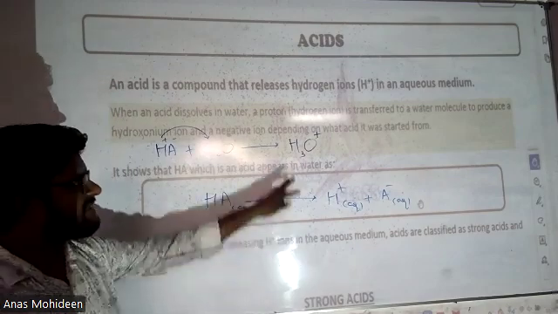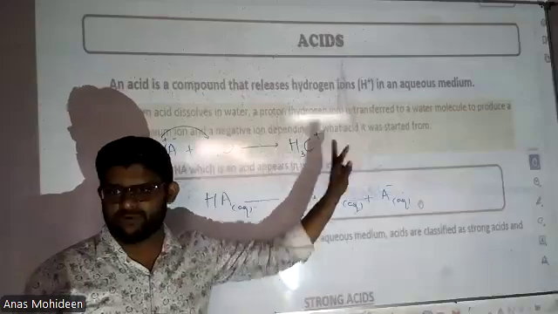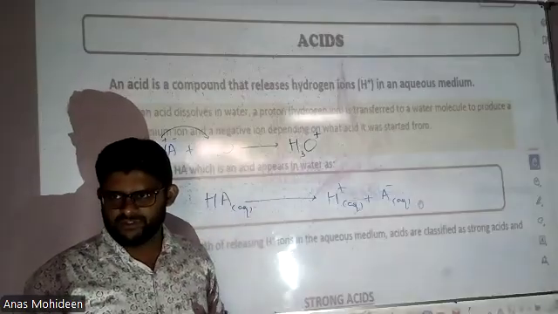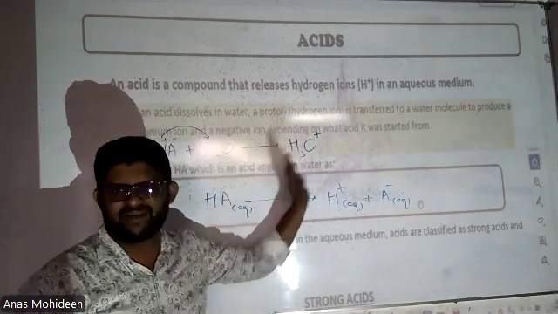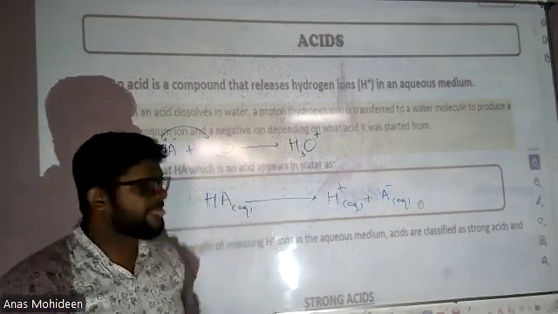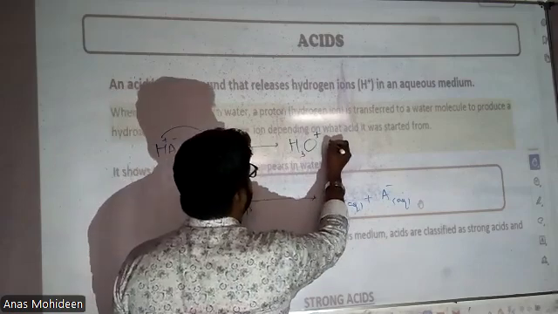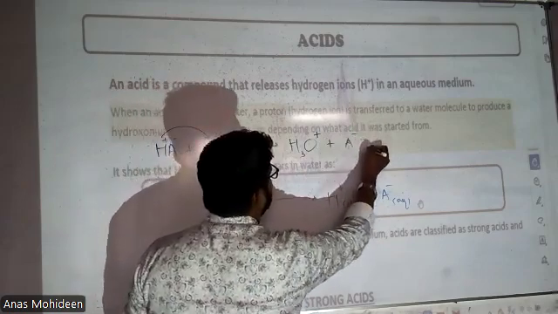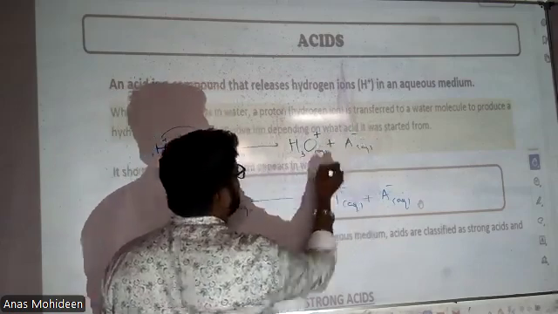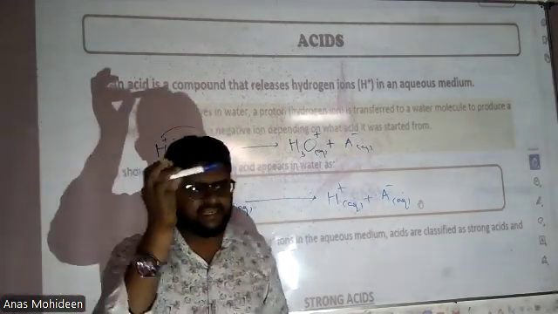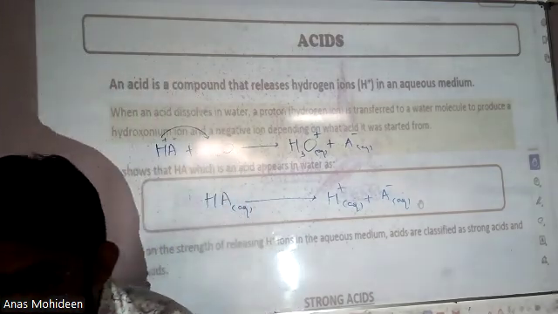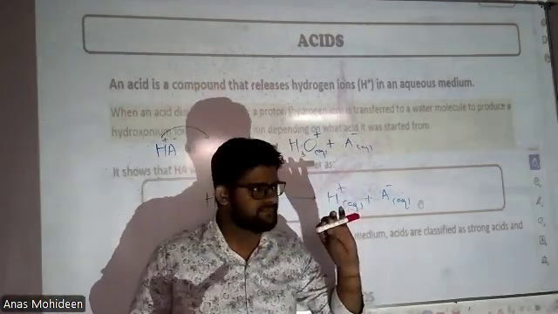This comes very rarely, in MCQs. Such a detailed part, under bases we don't learn, only under SS. So H3O plus, A minus. This is what is happening in detail. Do you understand what happens here? This is HA, and this is water.